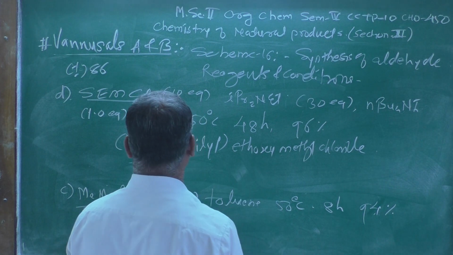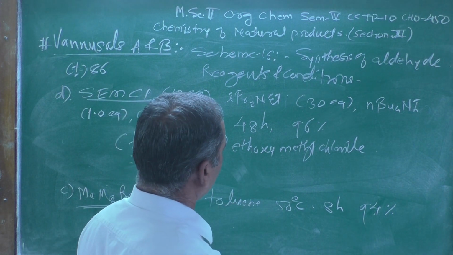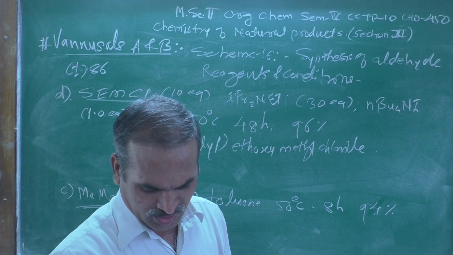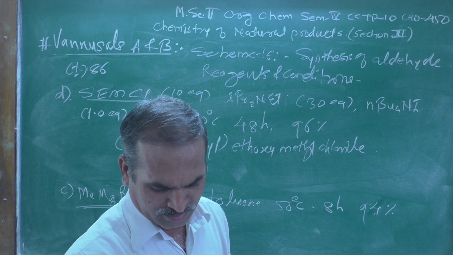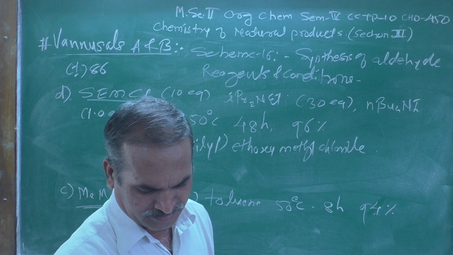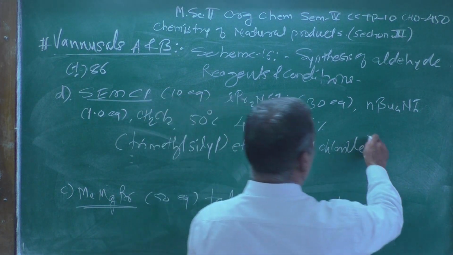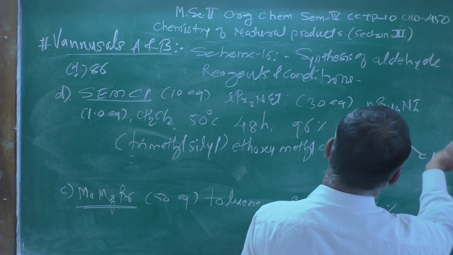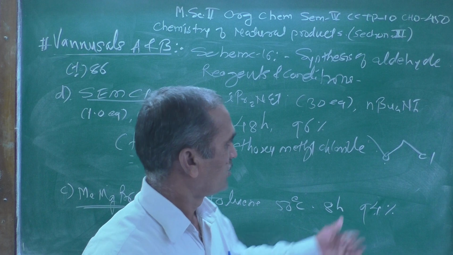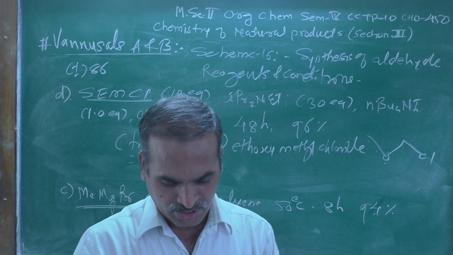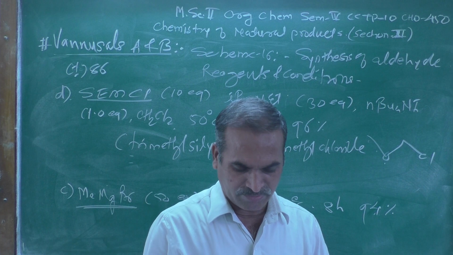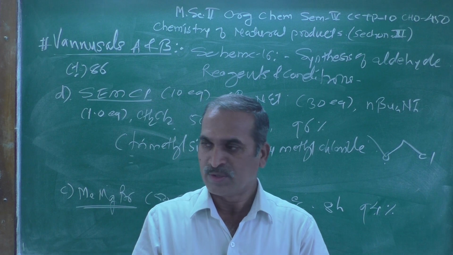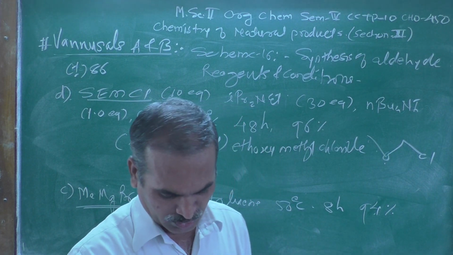The structure of that trimethylsilylethoxymethyl chloride will be like this, with the Cl, a methyl ethoxy chloride. That is a structure you can remember, which is used as a selective protecting group for secondary alcohols.